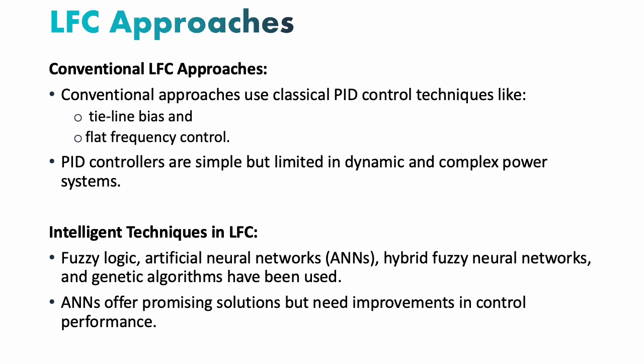The second technique, which is the intelligent technique, usually has to do with fuzzy logic, artificial neural networks, hybrid fuzzy neural network. That's a hybrid between fuzzy logic and the ANN. And also we have the genetic algorithm, which are also used in the modern power system today. These are intelligent systems. You don't have to manually tune them to withstand dynamic changes.